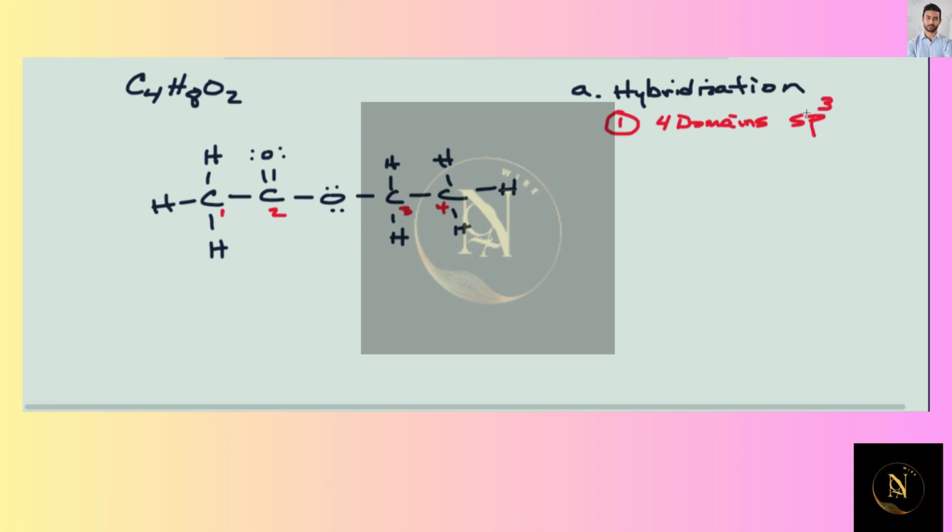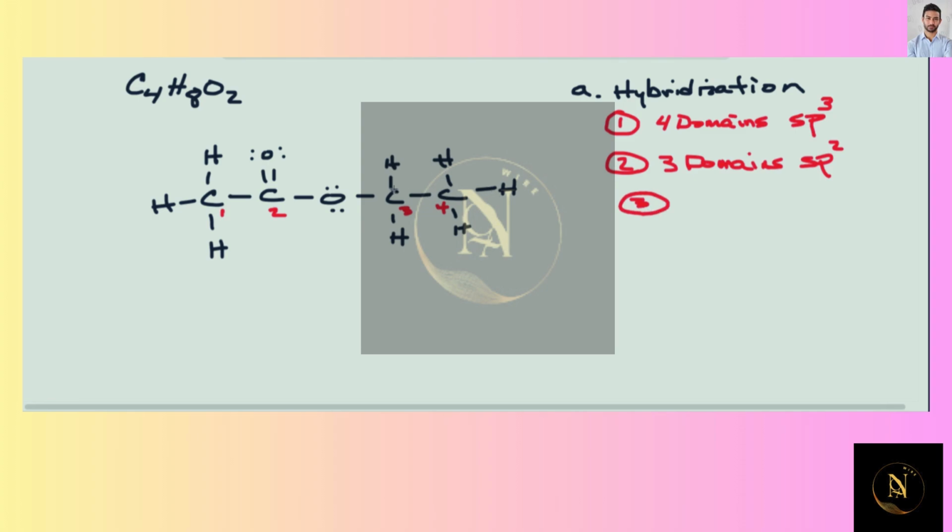So if you think about having a 1 by the s, we don't write the 1, but if you think about the 1 plus 3 is 4 domains. This carbon, there's only 3 places where there are bonds: west, east, and north. This double bond does not count as 2 domains. So there's 3 domains, which makes it sp2, 1 plus 2, 3 domains.